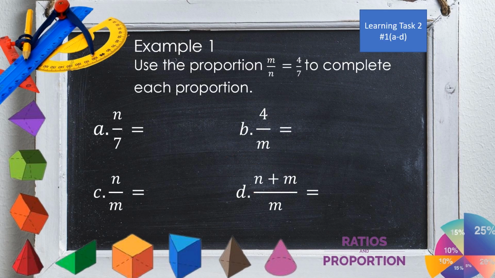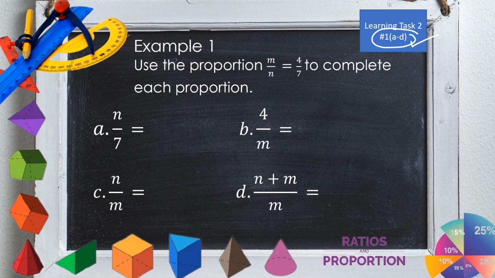So, using the properties of your proportion, so we have m over n is equal to 4 over 7. So, where can we use this example? We can use this example to answer your learning task number 2, number 1. So, take note of this example on your learner's pocket.